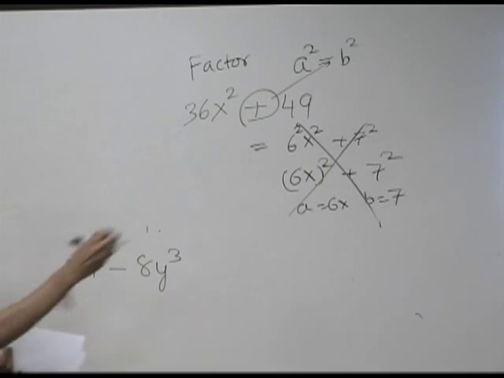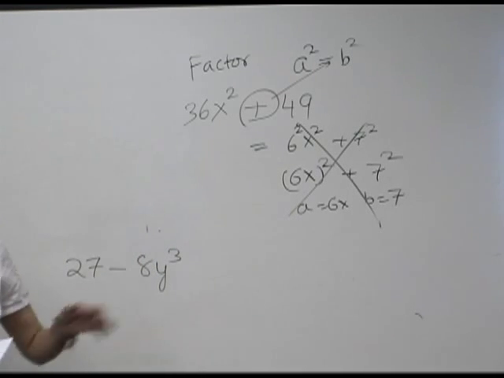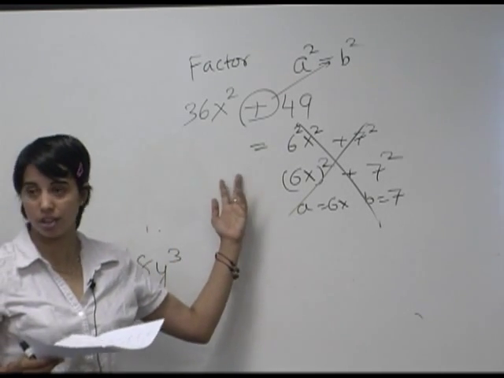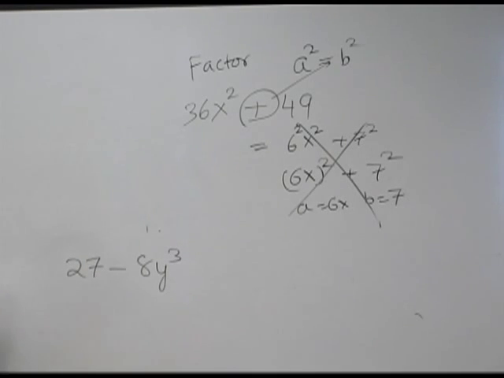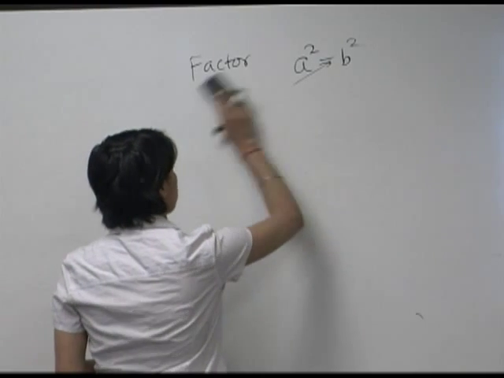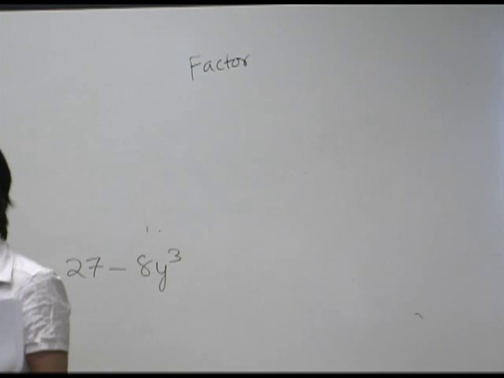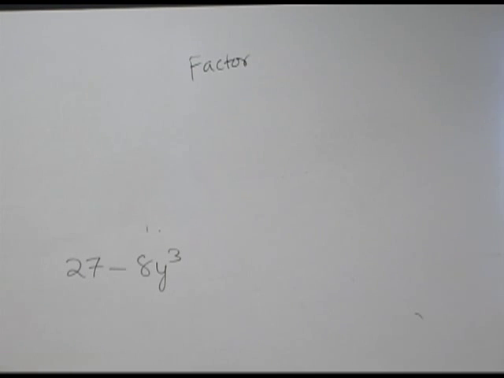You cannot pull out anything common here, right? Because it's a positive sign. That formula is difference of squares, right? So anything with a positive sign, you can't. Only difference of squares, minus sign. Right? For positive, you can't.